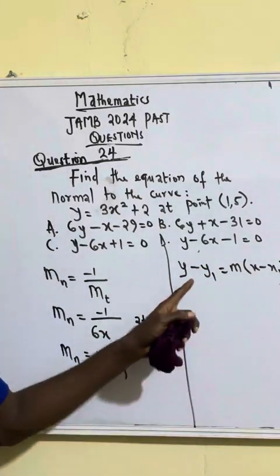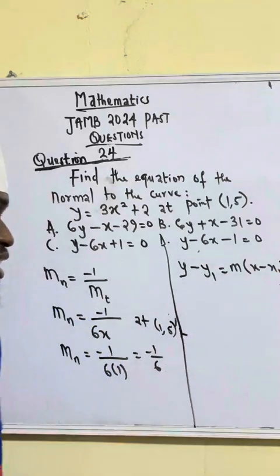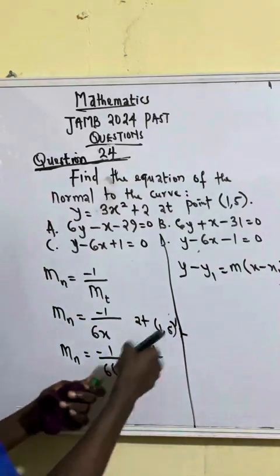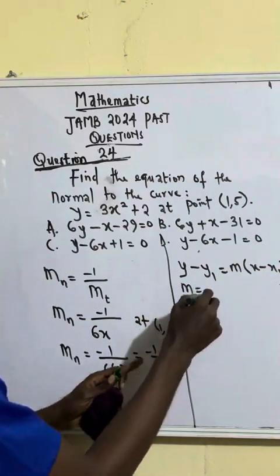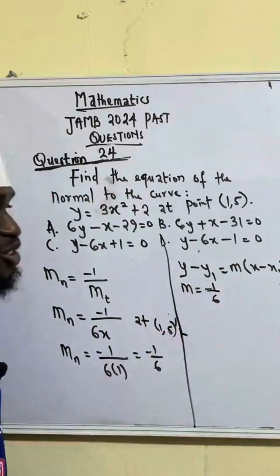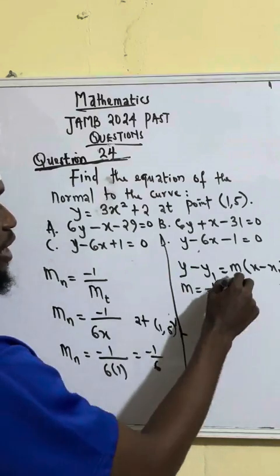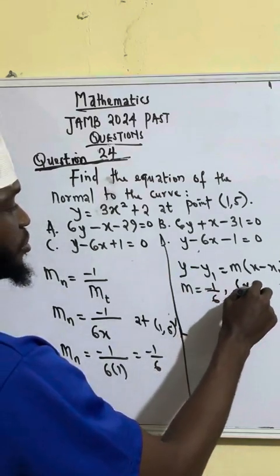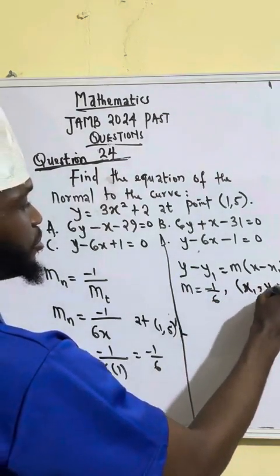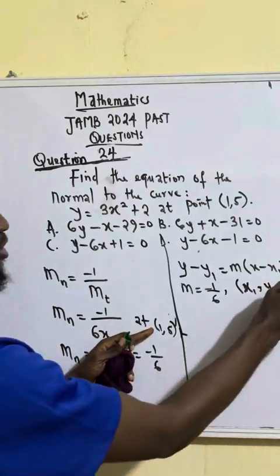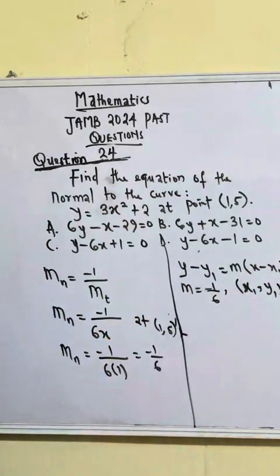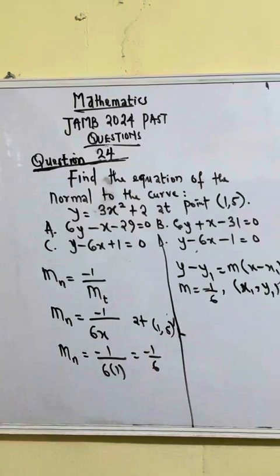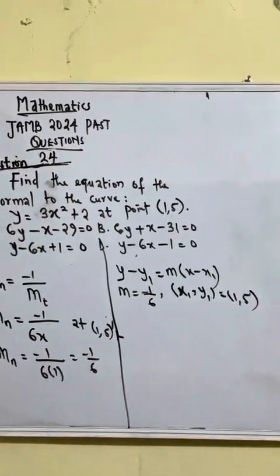My m here will be equal to minus 1 over 6, which is the slope of the normal. And (x1, y1) must be equal to the point given, that is the point (1, 5). So let's substitute these into the equation, and that will enable us to get our answer.